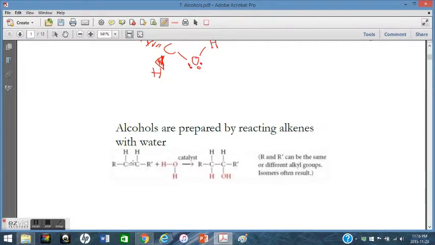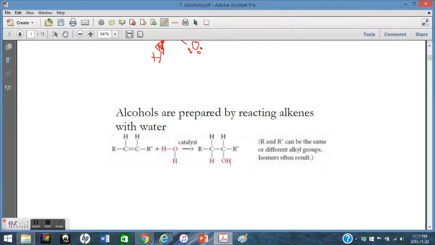We need a catalyst, but we take our alkene, and the way that this works, I'm not happy with this picture entirely, but this H ends up joining up to this C, and then our OH ends up attached to the other C. We break the double bond here.